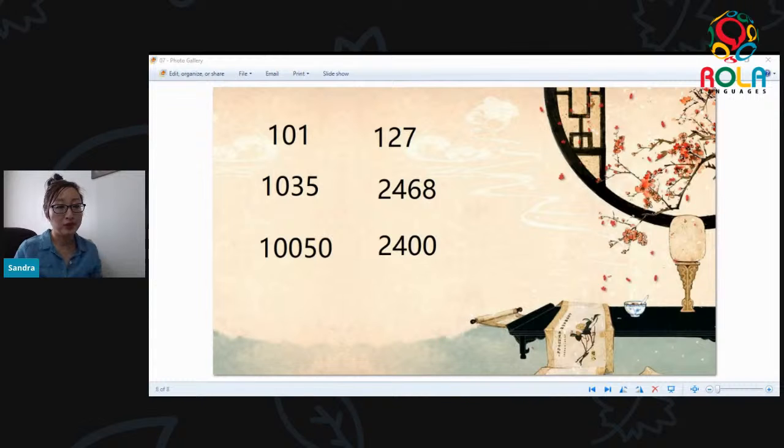So we don't read them out. So you can stop at 2,400. There's absolutely no need to read out those zeros if they're in the end. And even better, you can say 2,400 instead of 2,400. People would understand you're talking about 2,400.